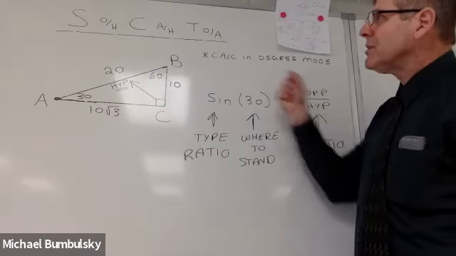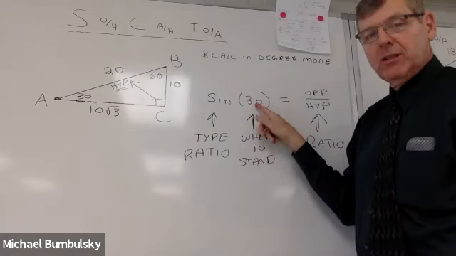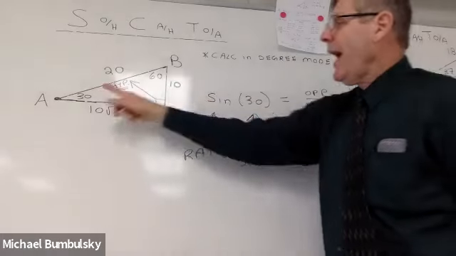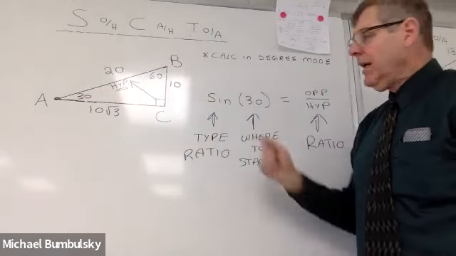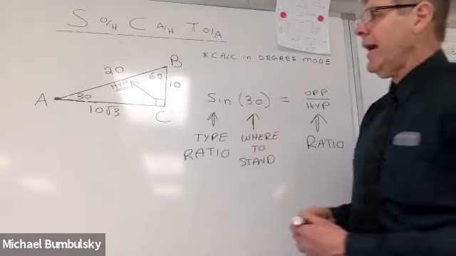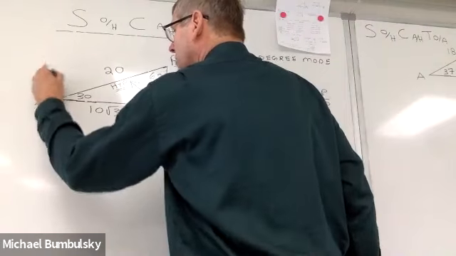To fully understand what the opposite and the adjacent means in the problem, you have to know where you are standing. In other words, what angle are you standing at? In this example, I decided to stand at the 30-degree angle. So imagine you just come over here and you're standing right there.